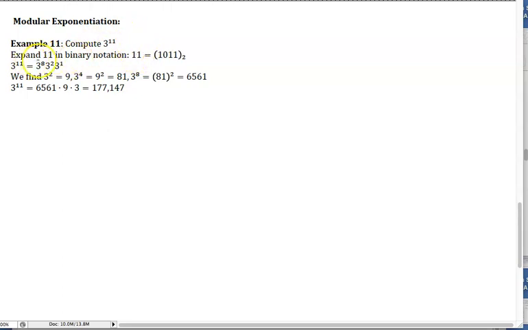So the algorithm that's presented here, basically you're going to take the exponent and write it in binary notation. So we're going to take that exponent of 11 and write the binary expansion of that, okay? Then we're going to break up the 3 to the 11 into these parts.